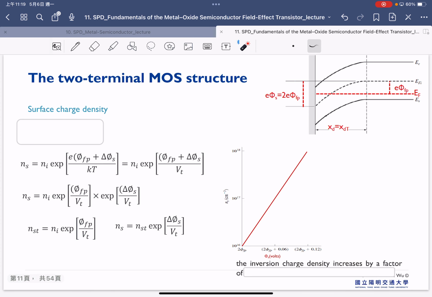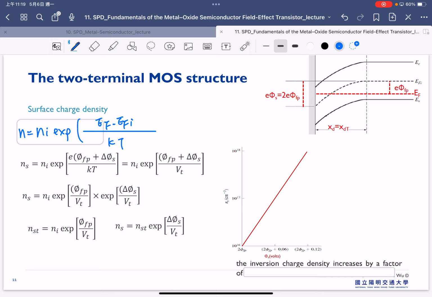So the surface charge density can be calculated. Consider as here, n is equal to n_i exponential (E_F minus E_Fi) over kT here.